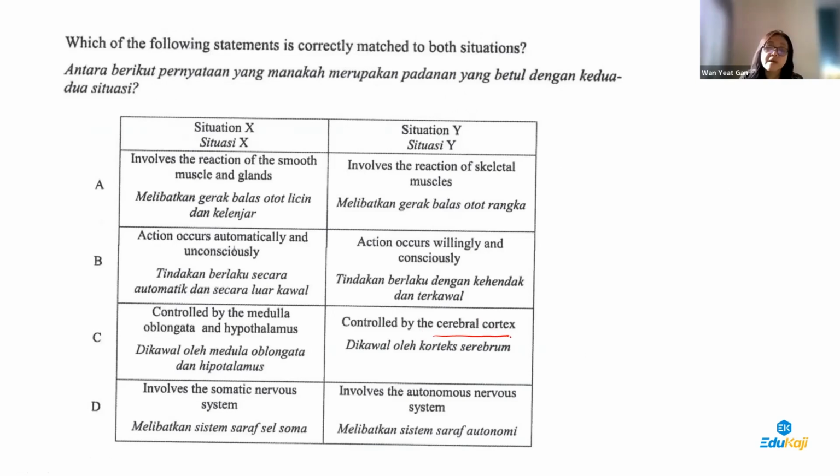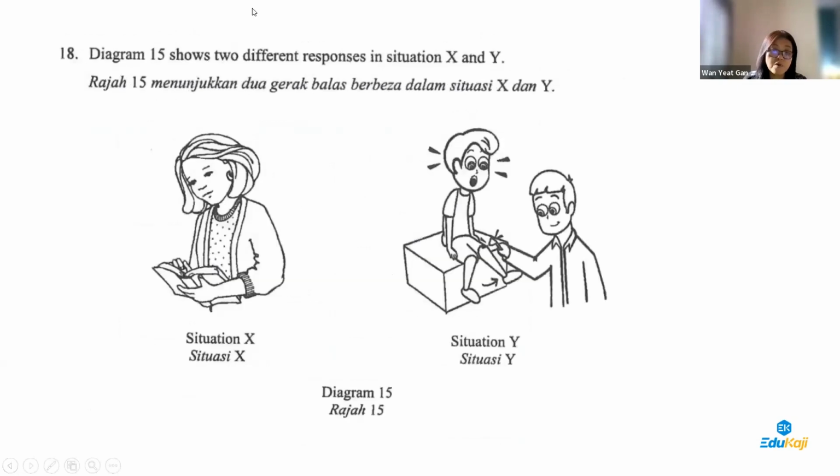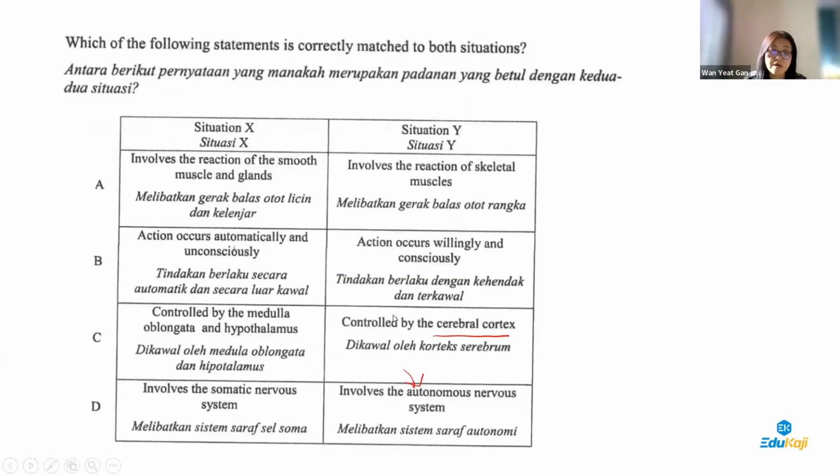While D is reading a book, reading a book is conscious, controlled by the somatic nervous system. So the answer is D.